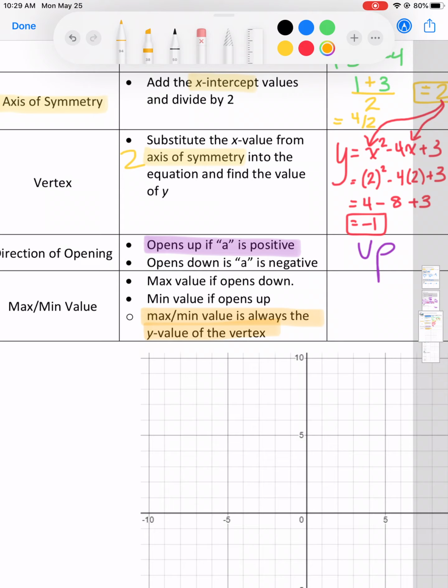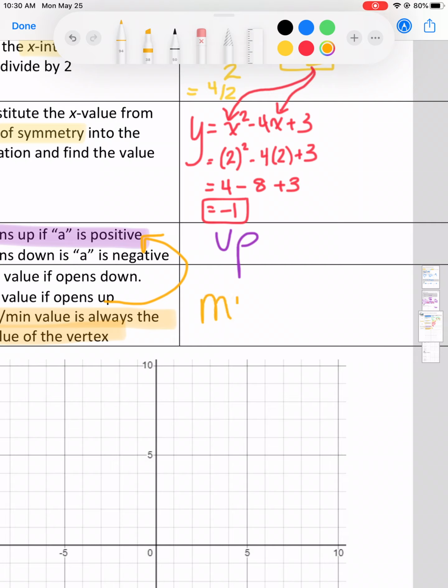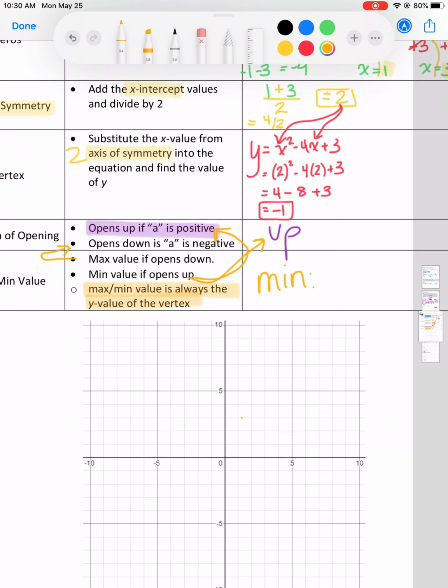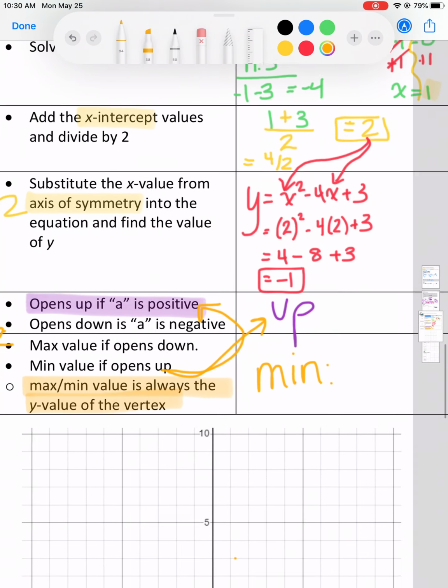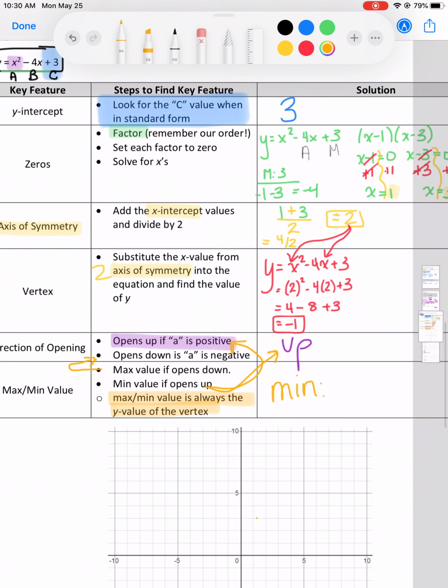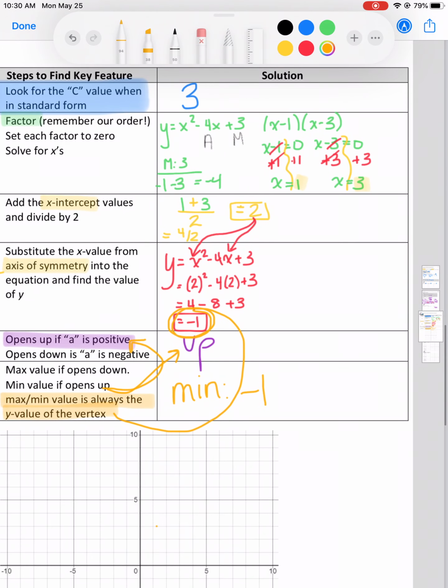Well, this has to deal with the one that we did before. We just found out this opens up, so it's going to be a min value because we're using the information we just took. And then it's the y value from the vertex. Well, we just calculated that too. It's right here. So it's a min value of negative 1.